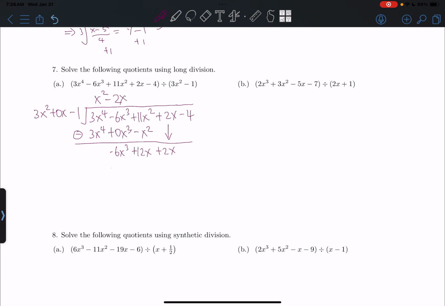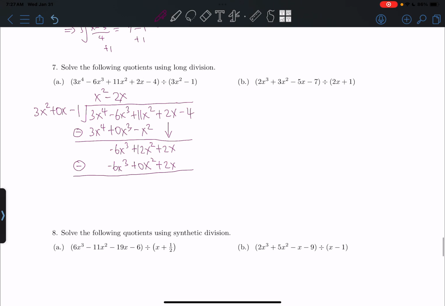Multiply, distribute. Numbers. We square there. Okay, subtraction here. We got 12x squared plus 0x.